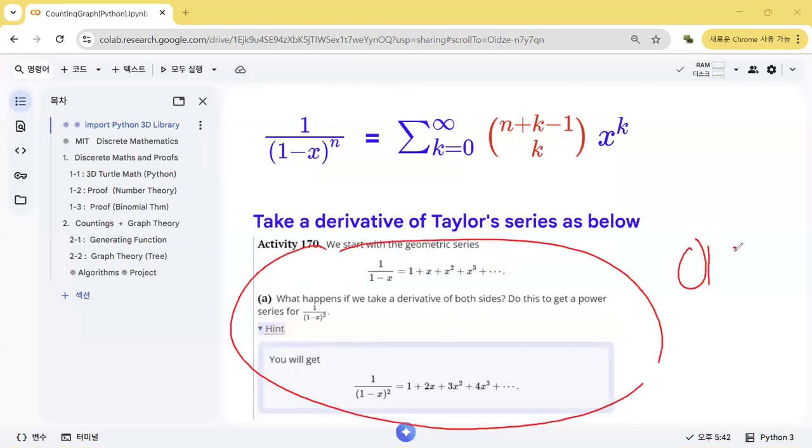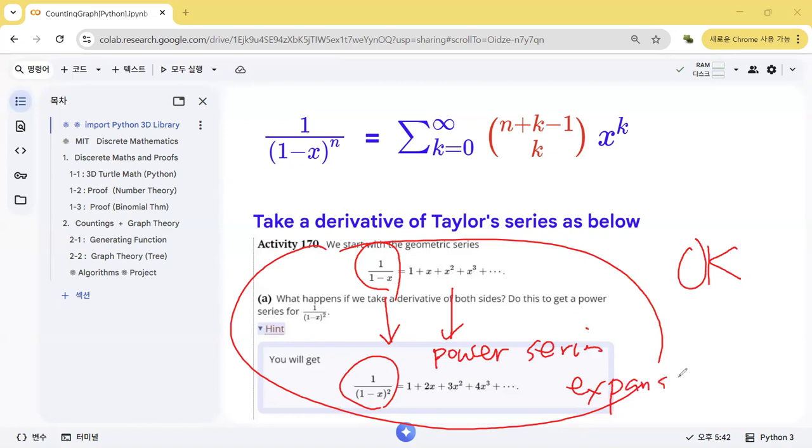Okay. So I want you to understand how differentiation can be used to get the power series. This one can be, we say, the power series expansion. And there are two methods.